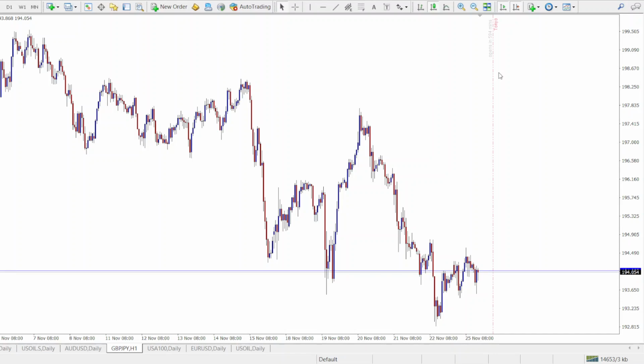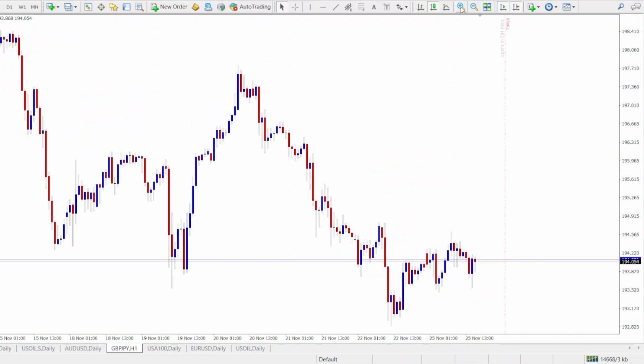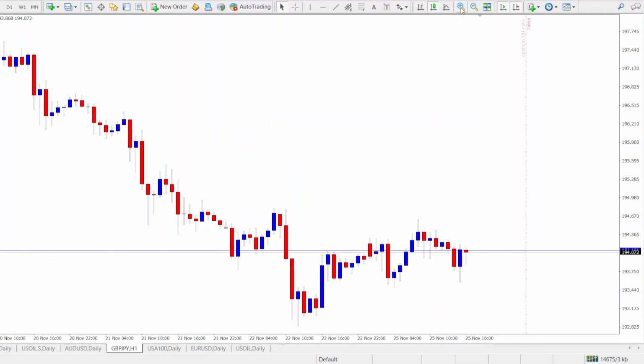So basically, this indicator does not give you buy or sell signals. It's mostly beneficial to traders who have strategies that are dependent on trading sessions. So if you have a strategy that is dependent on trading sessions, then the trading sessions indicator might come in really handy.